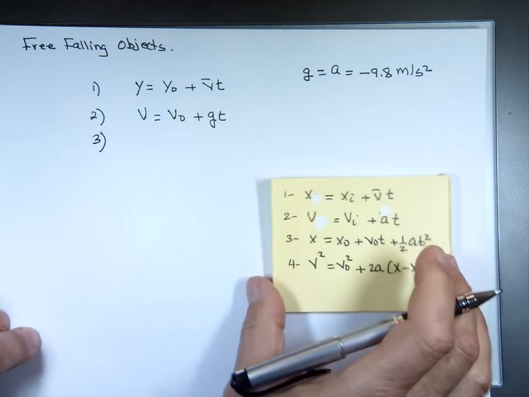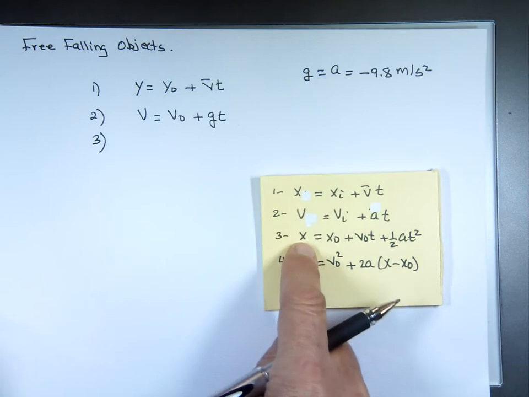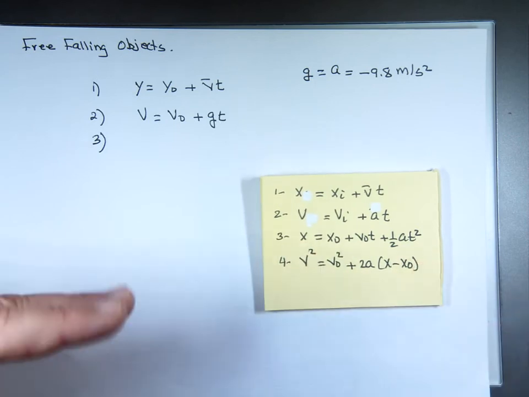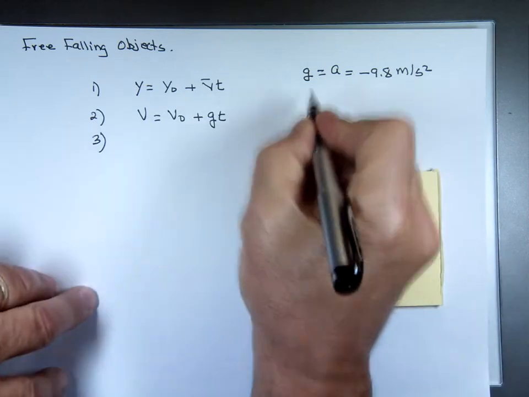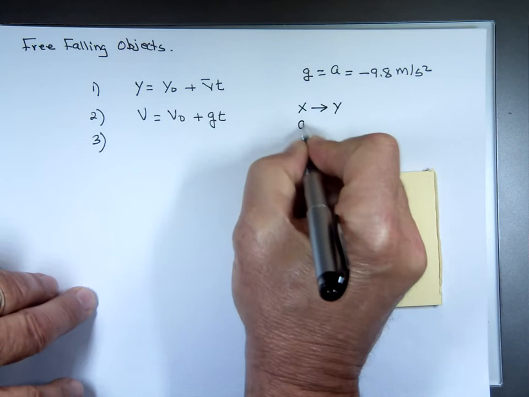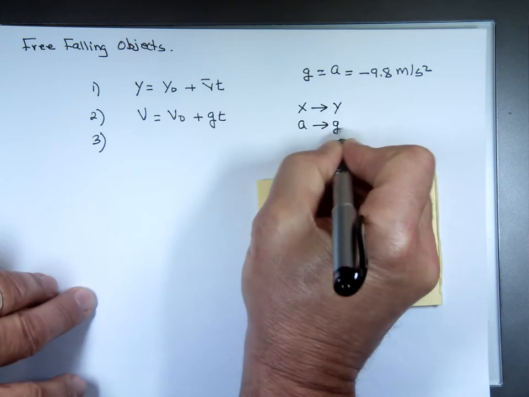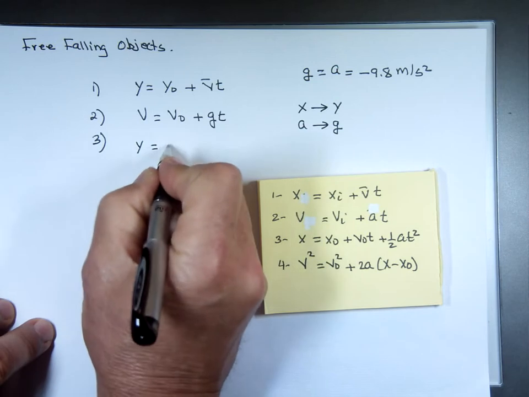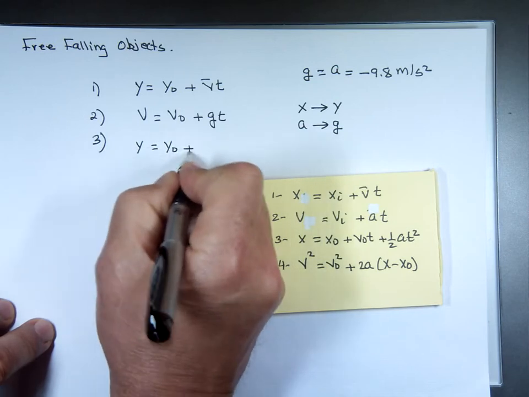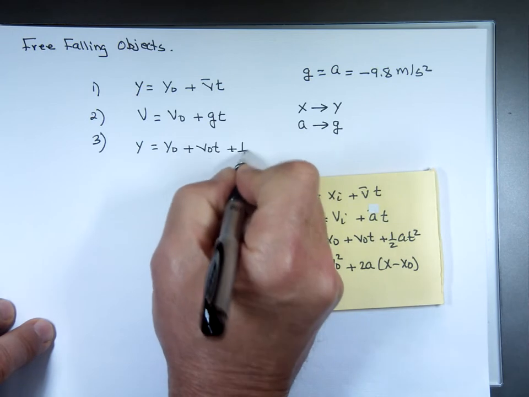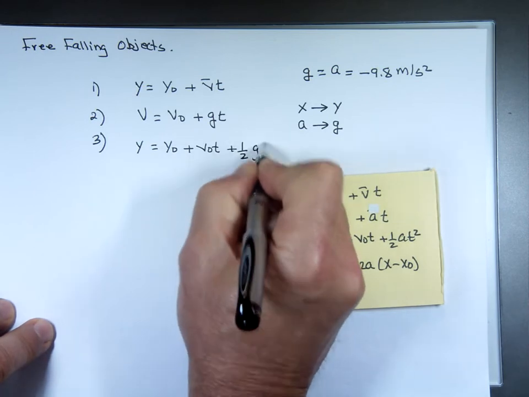Equation 3, let's look at this one. Every time you see x, put y. Every time you see a, put g. So x you change to y, and a you change to g in these equations. So equation 3 becomes what? y equals y sub 0 plus v0t plus 1/2 gt squared.